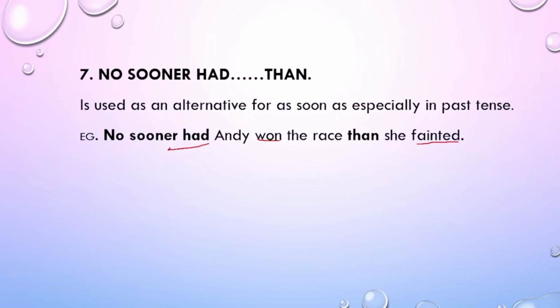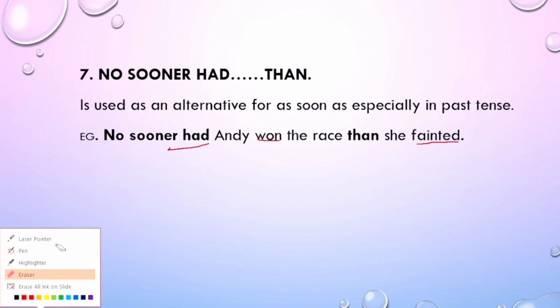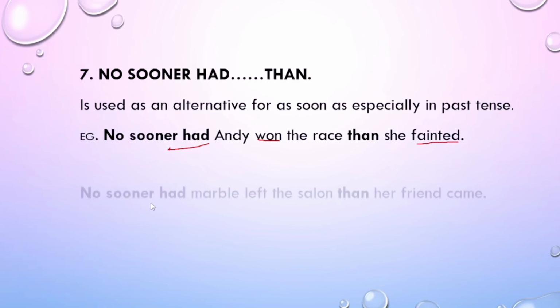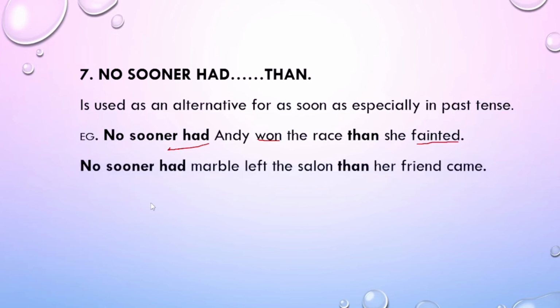Now let us look at this other example for no sooner. No sooner had Mabel left the salon than her friend came. Here for no sooner, that's why I'm saying it's a different case, because there is nothing like you use it inside the sentence. No, it's always like this. If you leave out this "than" here, then the sentence is wrong. The "than" should be there.